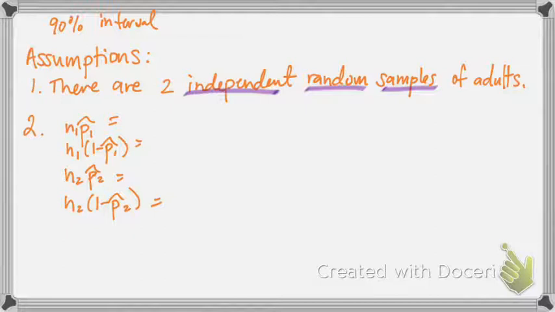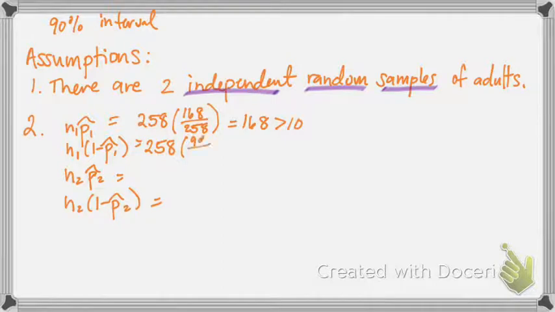So let's do, so for N1 and P1, let's use the 20 to 39-year-olds. So it says for 20 to 39, I have 258 people and 168 out of 258. 258 minus 168 would be 90.